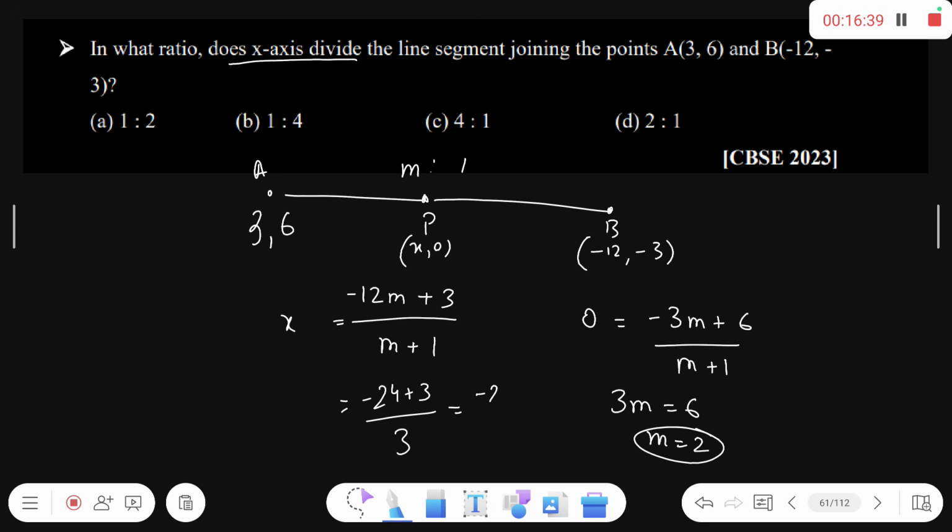So this is minus 21 divided by 3. It is minus 7. So the ratio we have to calculate is 2 ratio 1 and the point coordinate is (minus 7, 0).